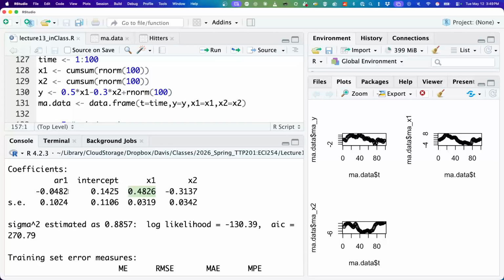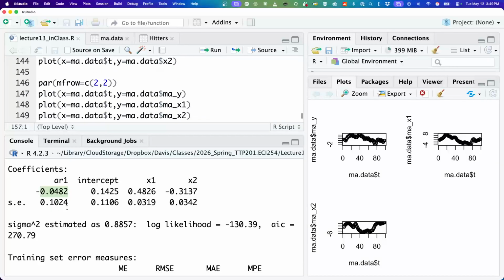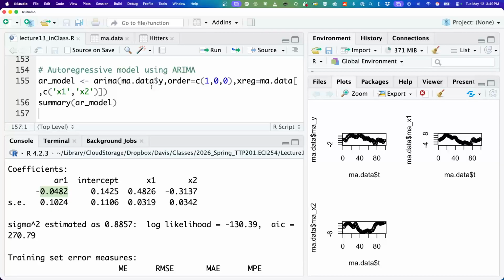Note that we don't really have an autoregressive element within our y, and so you end up not having something very significant here. But in an example where you do have the autoregressive element, that will tell us how that relationship compares.